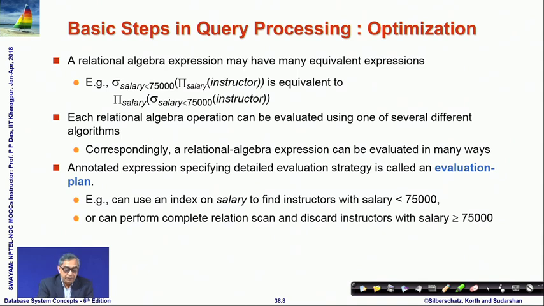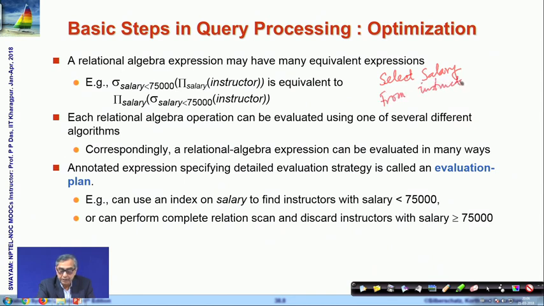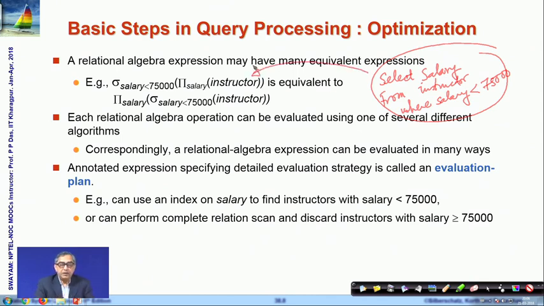For example, we can simply write select salary from instructor where salary is less than 75,000. If you had a query like this, then you know that it will get translated to some kind of relational algebra expression like this.